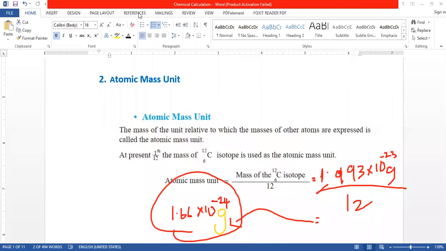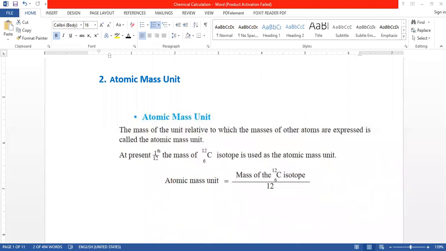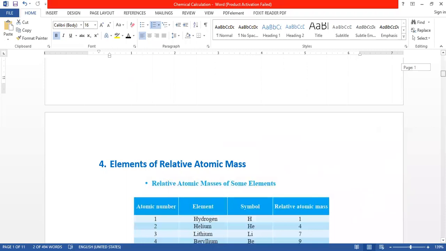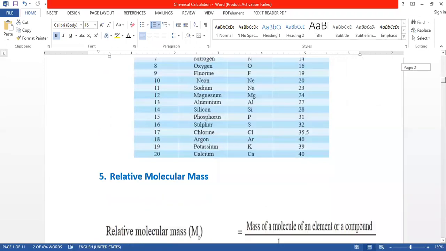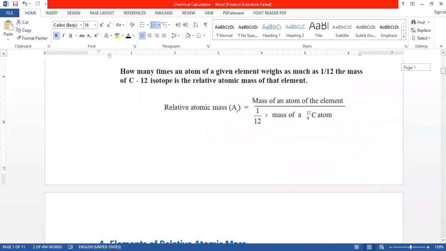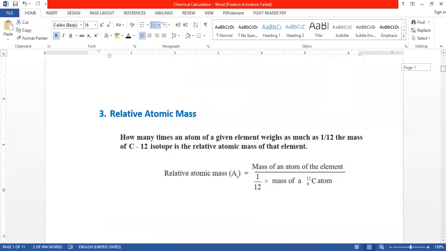Now look at this one. So come to this point, actually, the relative atomic mass unit, I can write this. Wait.